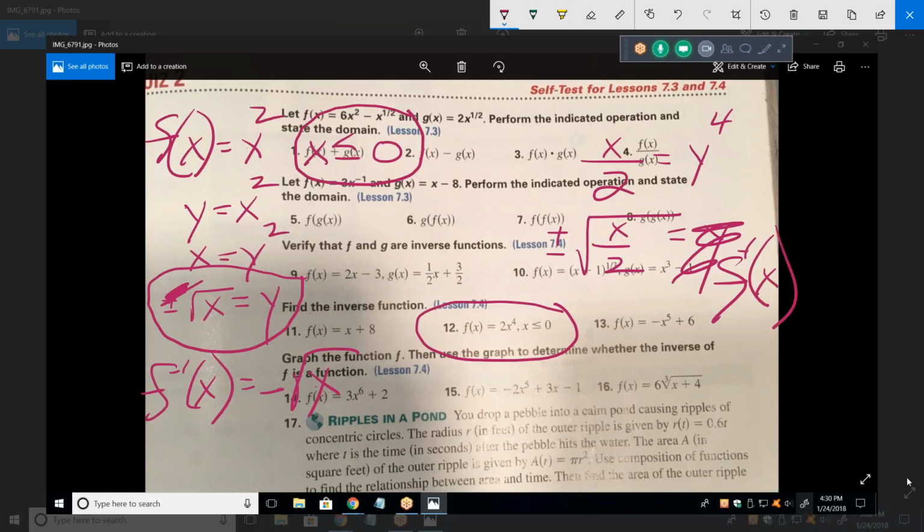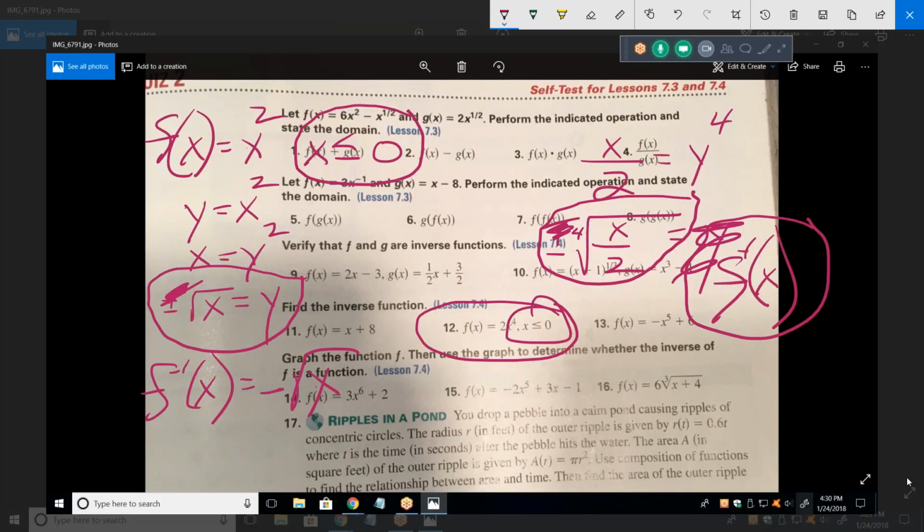Now here's the problem. They've told us that x has to be less than or equal to 0, which means f inverse of x has to be less than or equal to 0. The only way you get it to be less than or equal to 0 is getting rid of the plus. So again, f inverse of x is equal to the negative 4th root of x over 2.